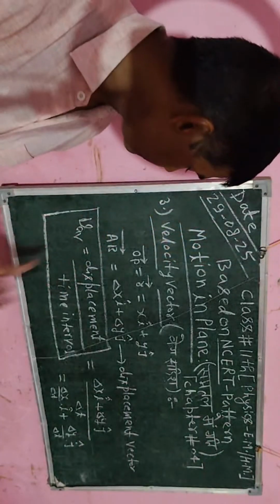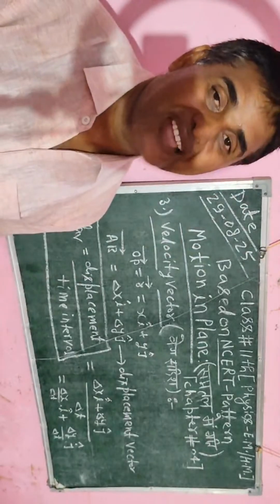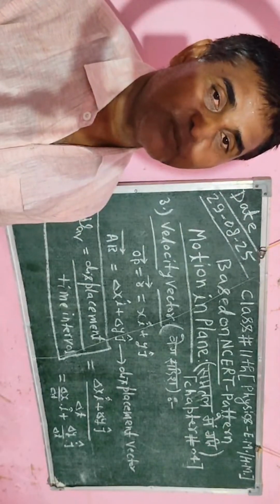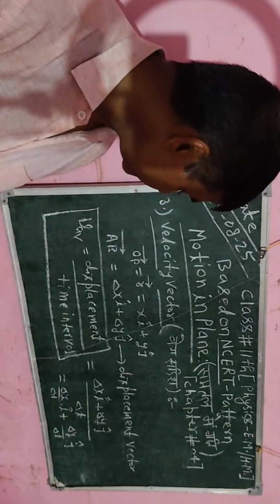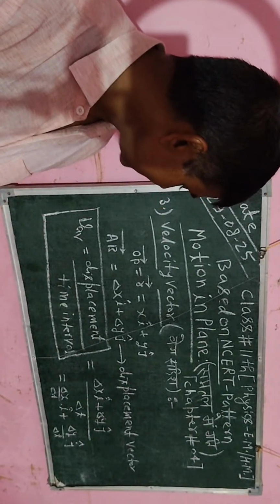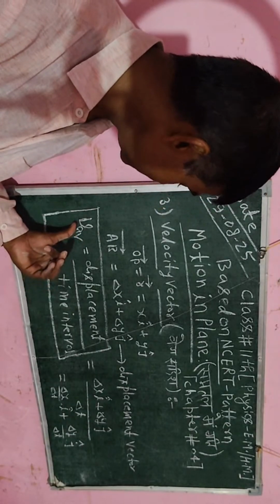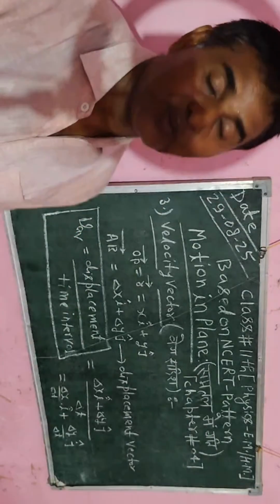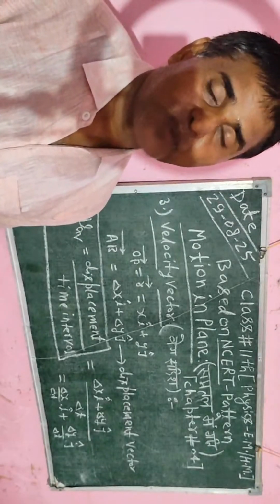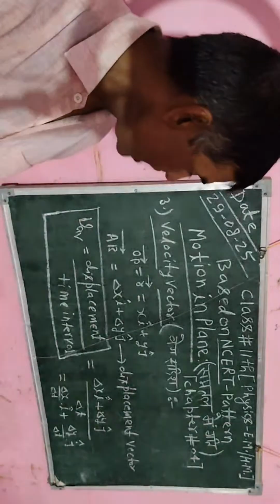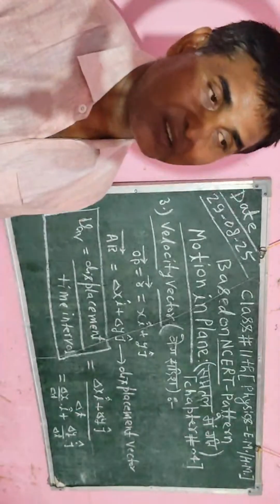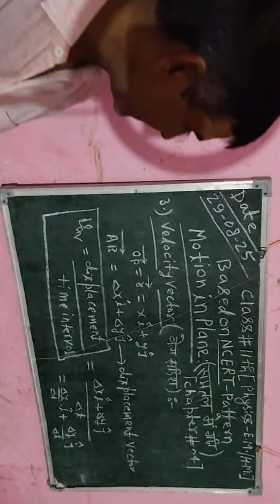Speed and velocity both have the same unit, meter per second. In other words, velocity has the formula displacement divided by time, but speed has the formula distance divided by time. So I have to use this concept in detail, knowing its meaning clearly.